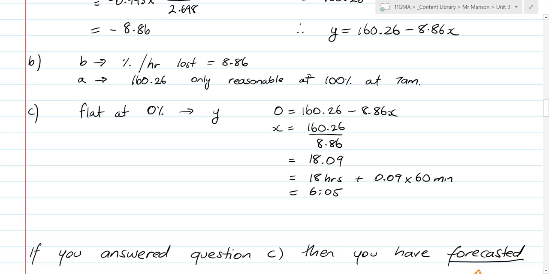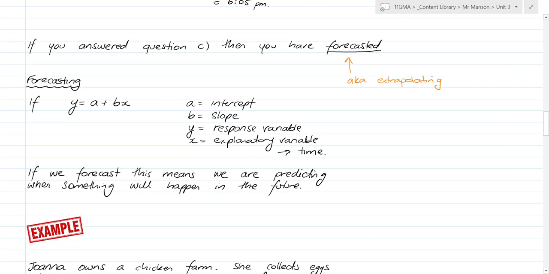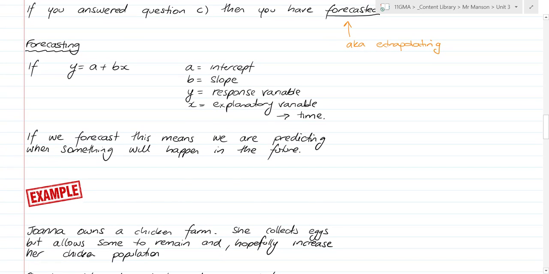Any questions on that? To question C, then, you've forecasted. It's another word for extrapolating. So hopefully that's not too hard for you. There's some notes on forecasting, and then we're going to do the chicken farm question, and then I'm going to leave you for today. So it was A plus BX, A is intercept, B is slope, Y is the response variable, X is the explanatory variable.